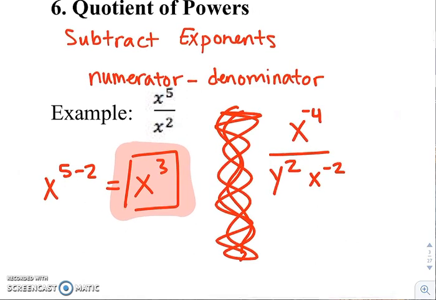Okay, the y is just going to stay. But what do we do with the x's? We need to subtract them. They have all these negatives. You guys would do negative 4 minus negative 2. That becomes a plus 2. So negative 4 plus 2 makes this x to the negative second over y squared.